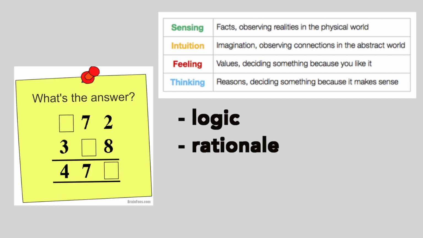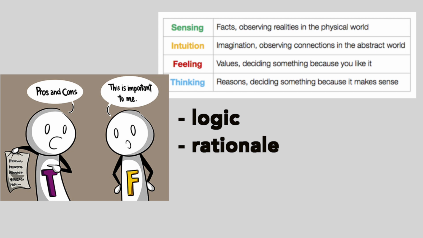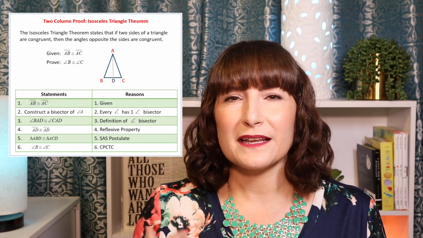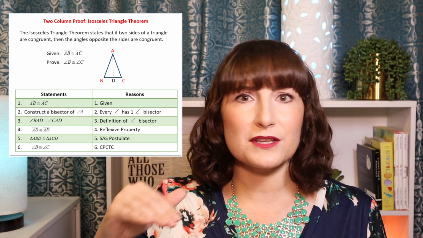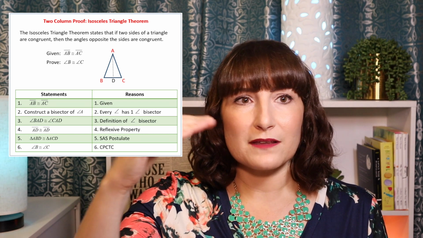It can be thought of as logic, not to say that feeling is not logical, because sometimes it feels very logical to feel a certain way. But when you think of logic, I think of a geometry proof where one thing is leading to the next thing. It's like building on the rationale.